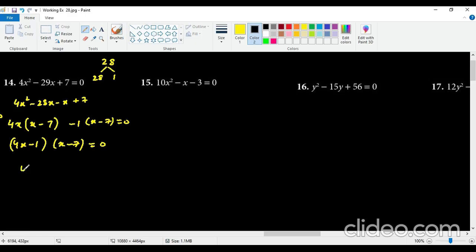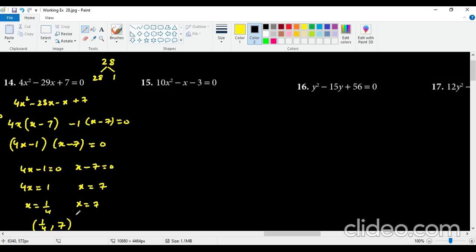So 4x minus 1 equals 0 and x minus 7 also equals 0. That means 4x will be equal to 1 and x will be equal to positive 7. Now x will be equal to 1 over 4 and x will be equal to 7. So your final answer is going to be 1 over 4 and 7 for this question.